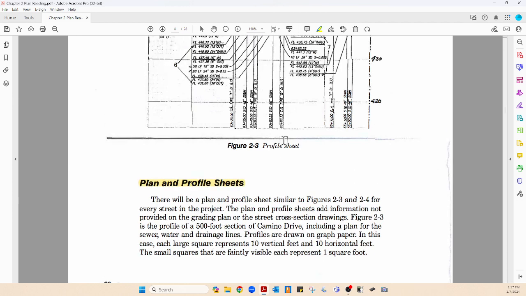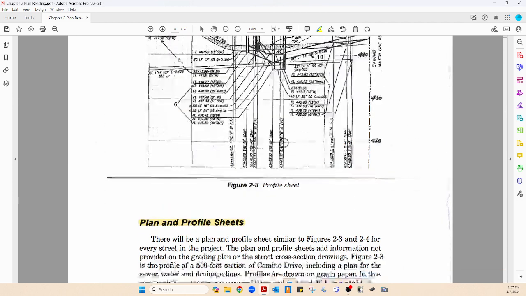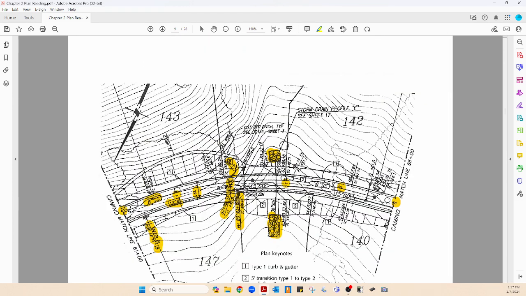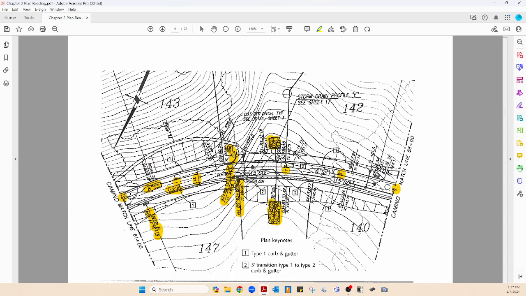Somewhere it says Camino Road on this thing, I believe, but it is Camino Road. So the first thing they talked about was the 32-foot street width, and we found that. And then went back and looked at the cross section of the same street and saw that indeed it was right-of-way to right-of-way, 32 feet.